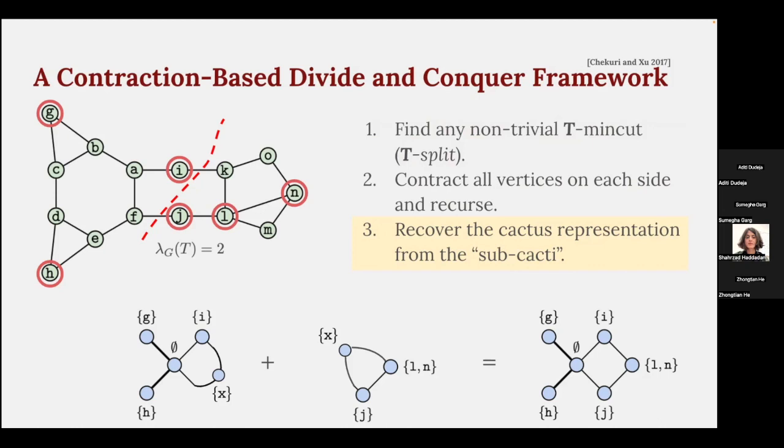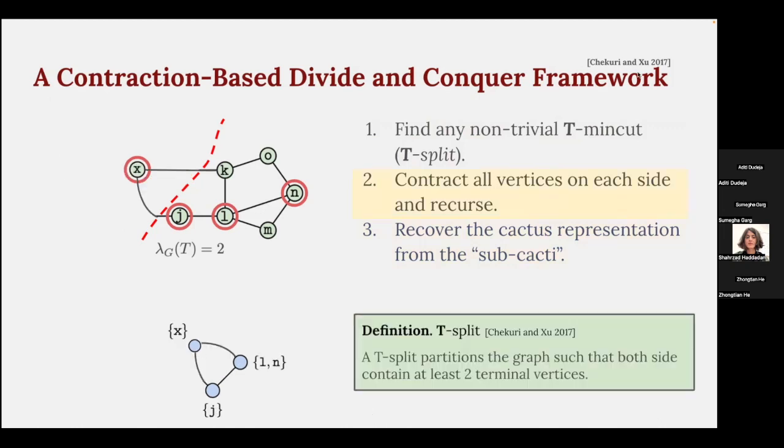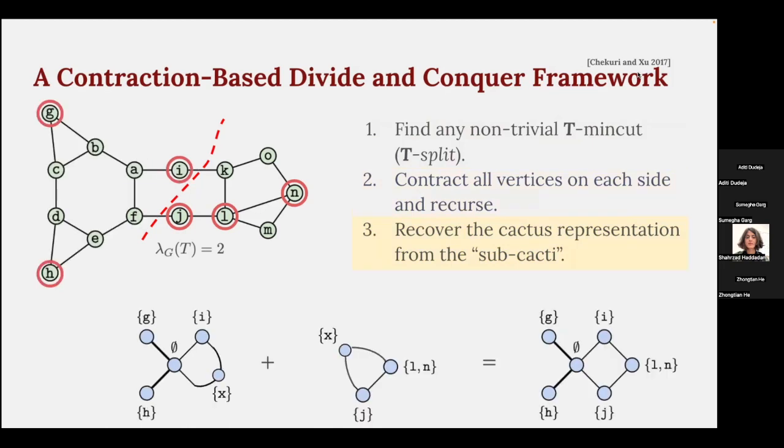And subcacti is the Cactus of the contracted version. Yeah, so these are the subcacti. So they correspond to the subproblem.